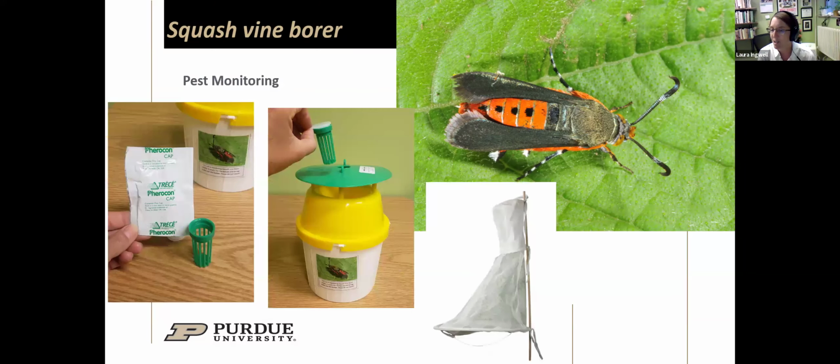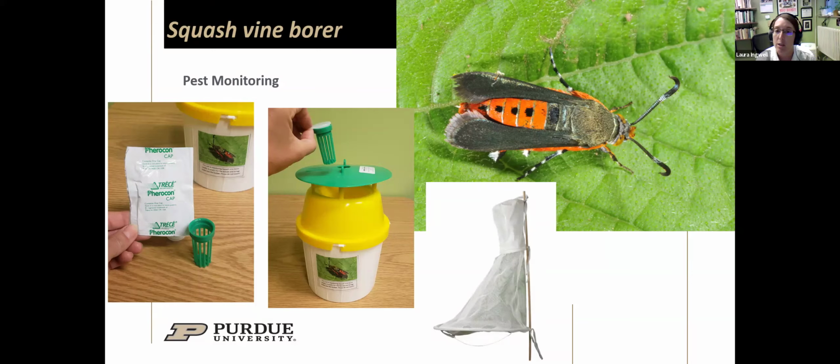The best way to manage and avoid damage by this pest is to use monitoring tools. So we have pheromone traps, which is the smell of the female moth available commercially in a little plastic lure. You can place that inside of a trap, and that helps you to determine when the insect adult life stages are present in the crop.